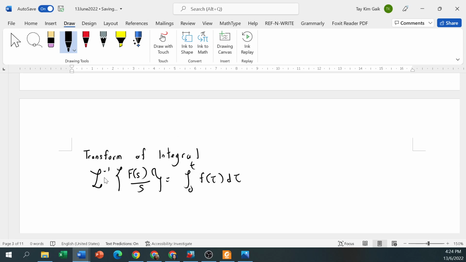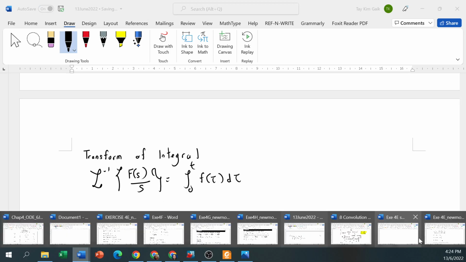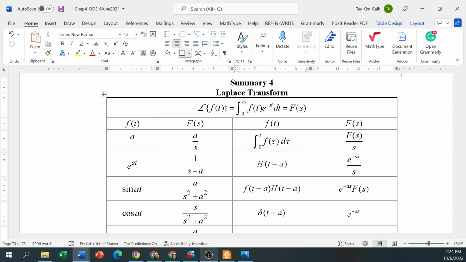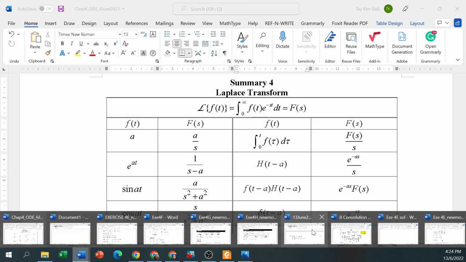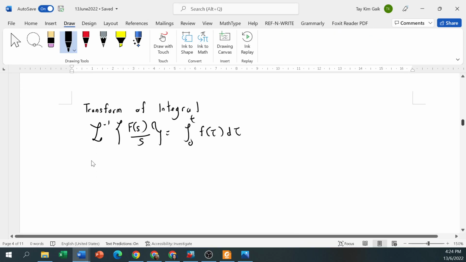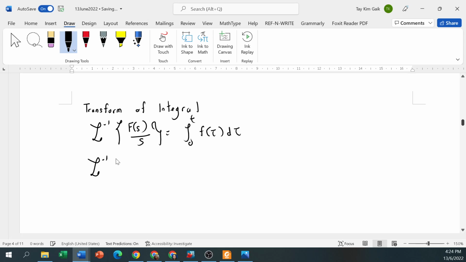The transform of integral comes from the table of Laplace transforms. The inverse Laplace of F(s) over s gives the integral of f(tau) d tau from 0 to t. Then we are going to use this to solve the same equation: 1 over s plus 10.